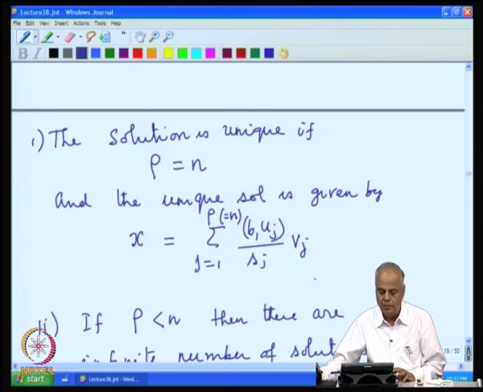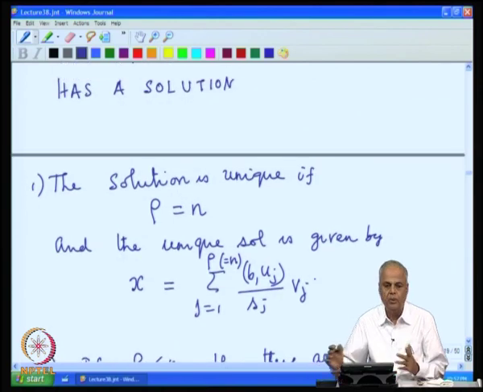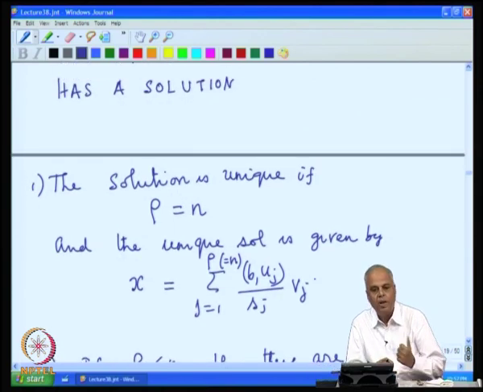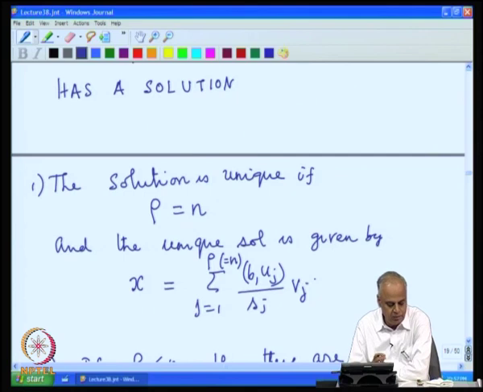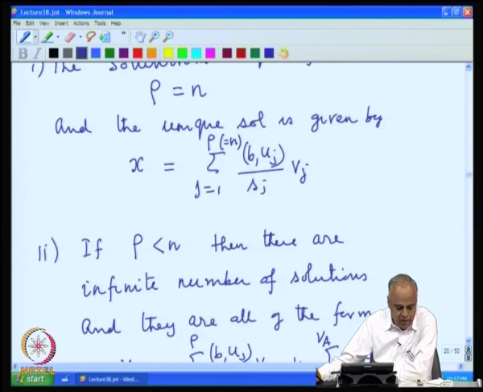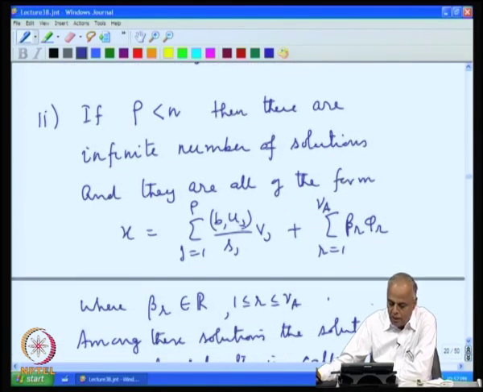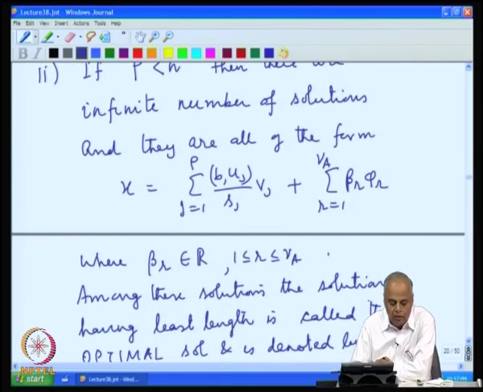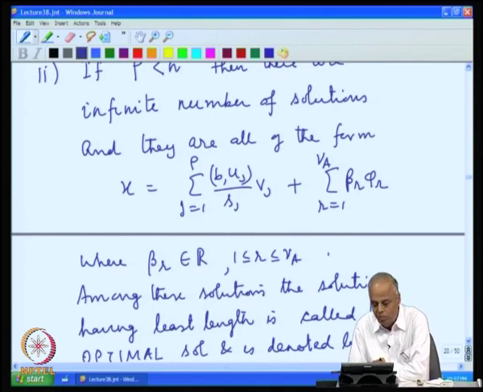In the case when rho equal to n, there is only one solution, therefore that is also the optimal solution. If there is only one person, he is the lowest as well as the highest. So among all the solutions there is only one solution, and therefore it is also the optimal solution. But when rho is less than n, there is the possibility that an infinite number of solutions can be found.